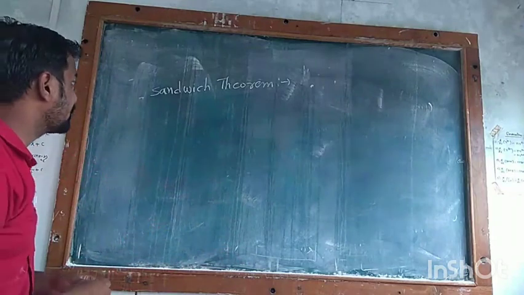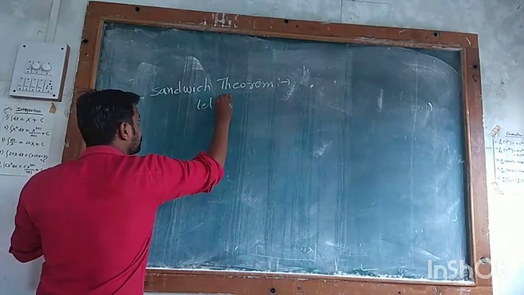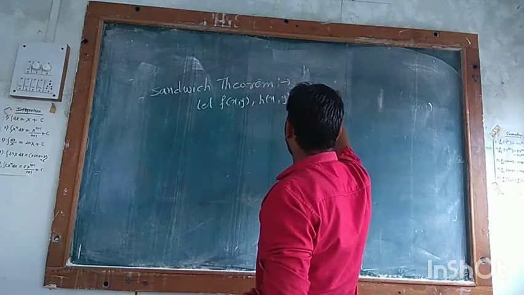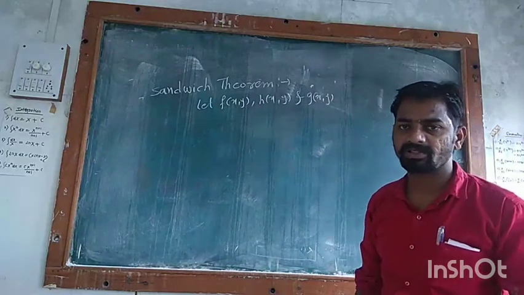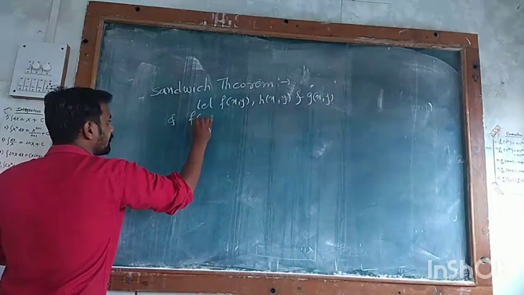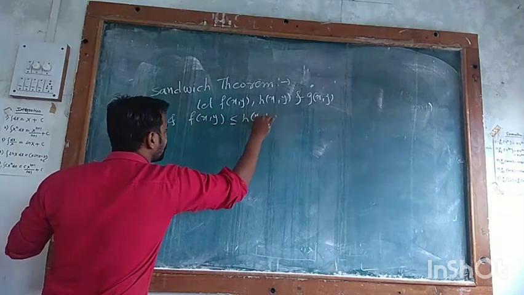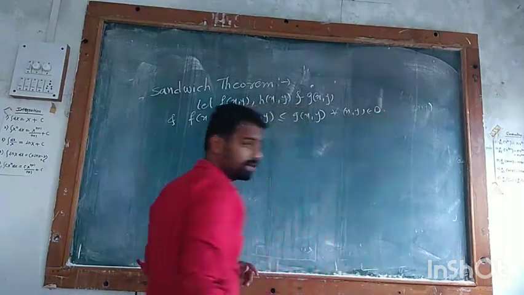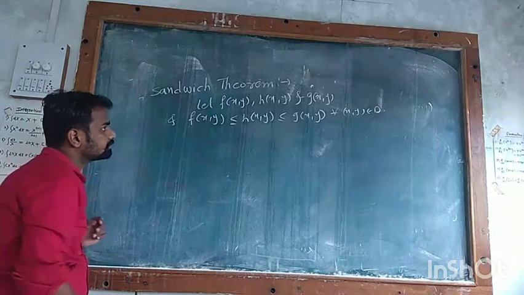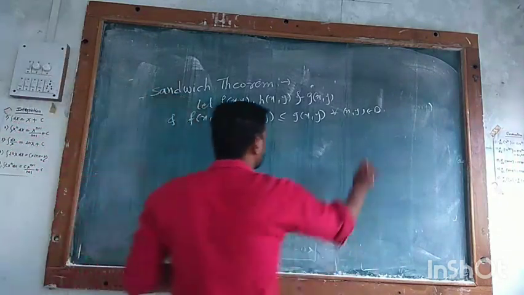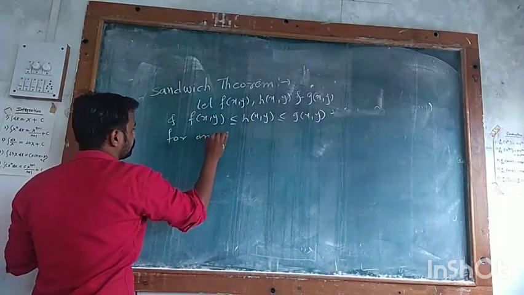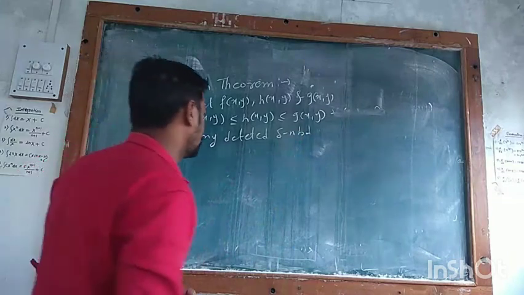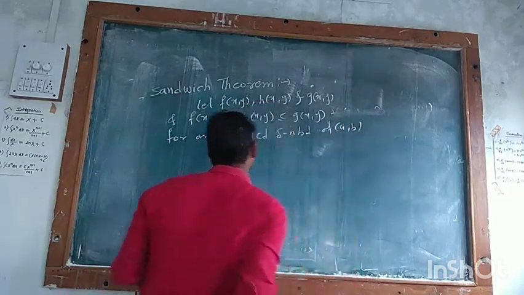Next theorem is the sandwich theorem. Let f of xy, h of xy and g of xy be functions of two variables, and f of xy is less than or equal to h of xy, which is less than or equal to g of xy, for all xy belonging to D, or for any deleted delta neighborhood of AB.